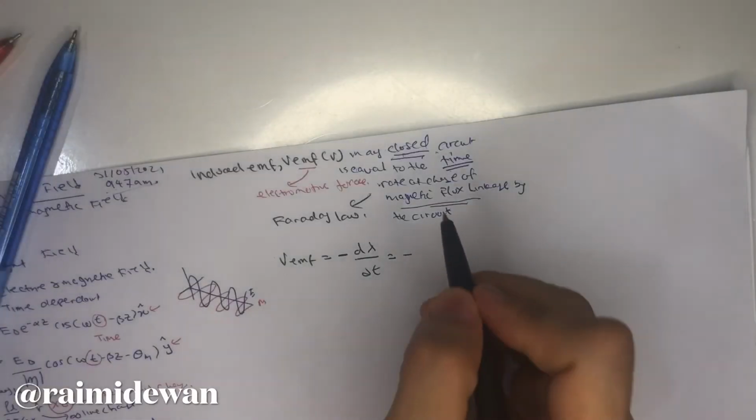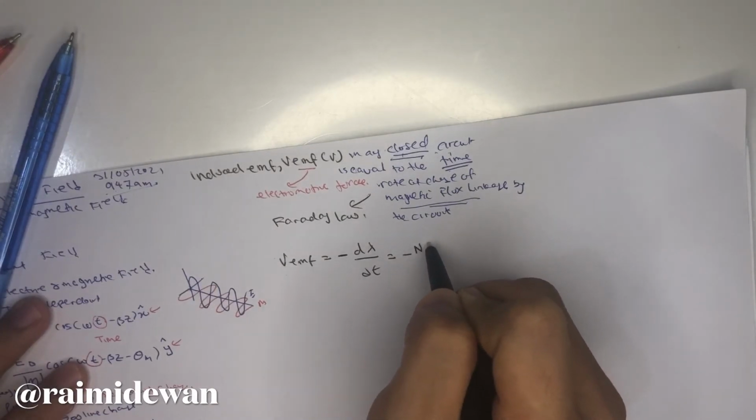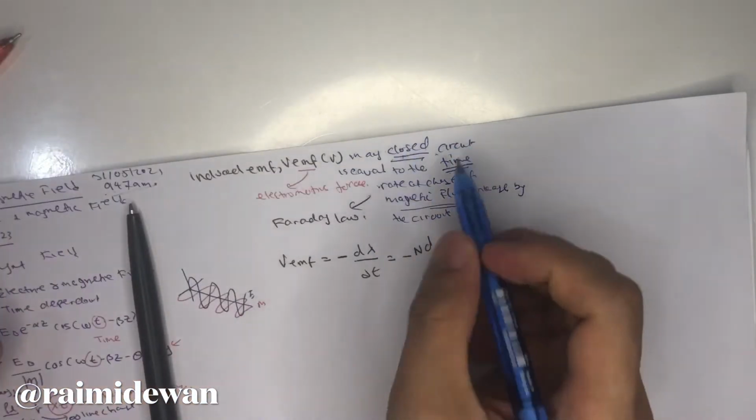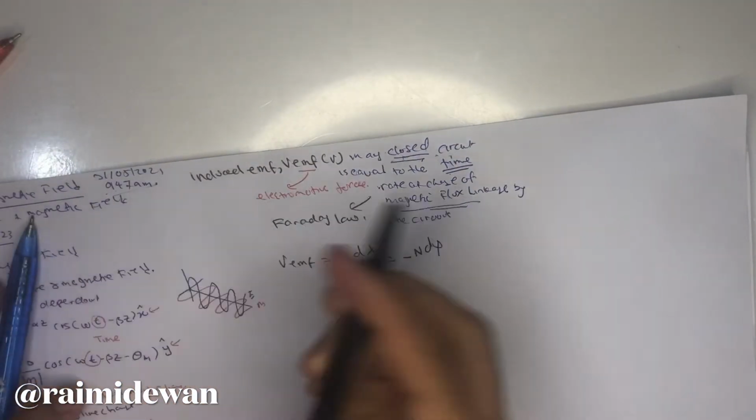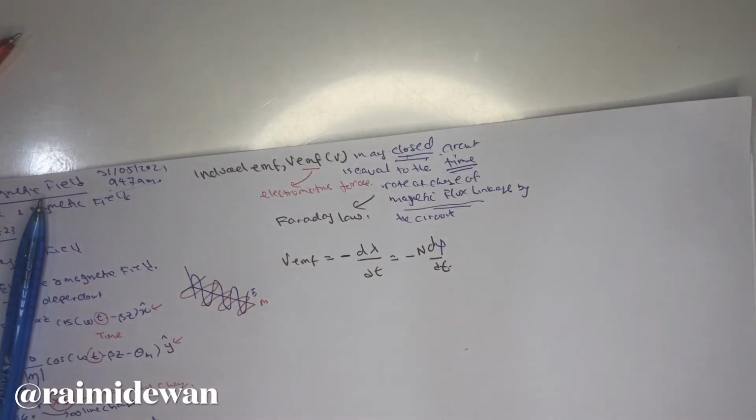Because N is a constant, you can put it outside, then you have d flux over dt. So this is your VEMF.